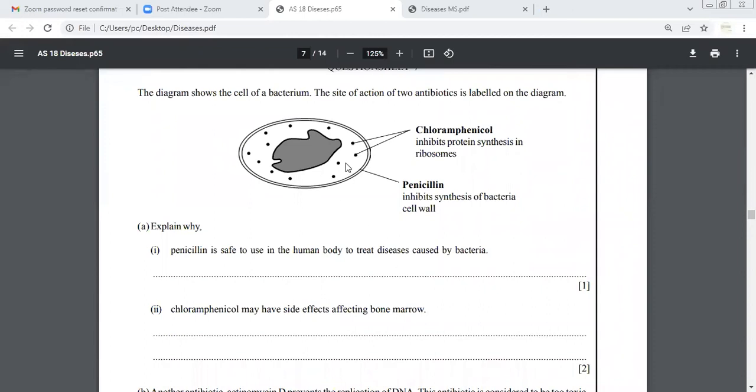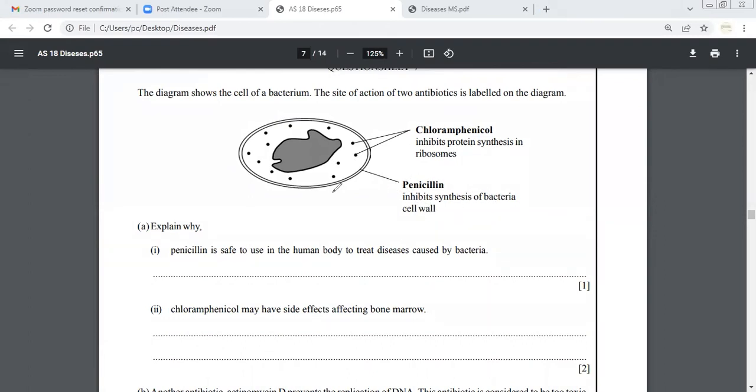Okay, today we are going to start with another past paper of disease and immunity. The question is, the diagram shows the cell of the bacterium. The site of the action of two antibiotics is labeled on the diagram. One is chloramphenicol, which inhibits protein synthesis at ribosomes, and another one is penicillin, which inhibits the synthesis of bacterial cell wall.